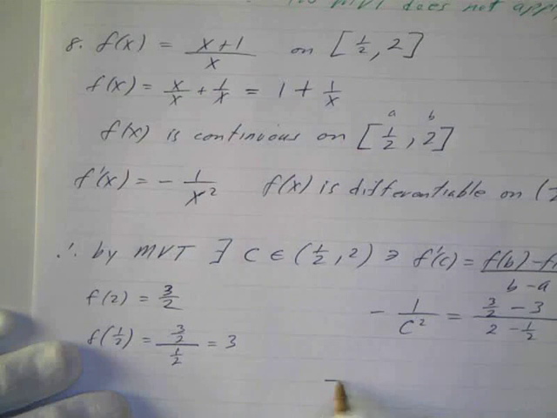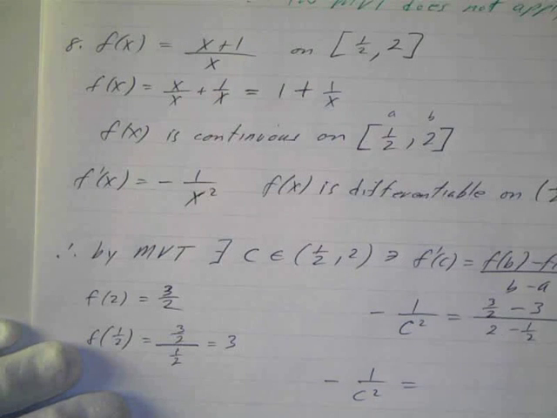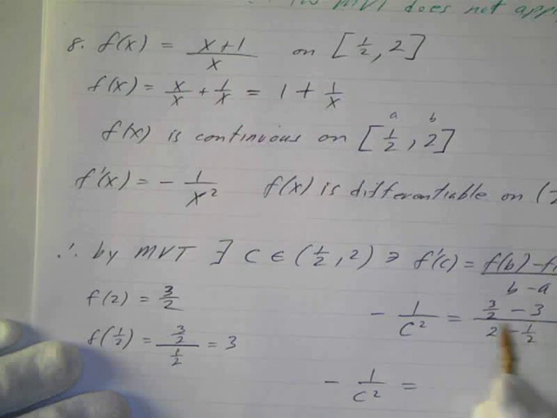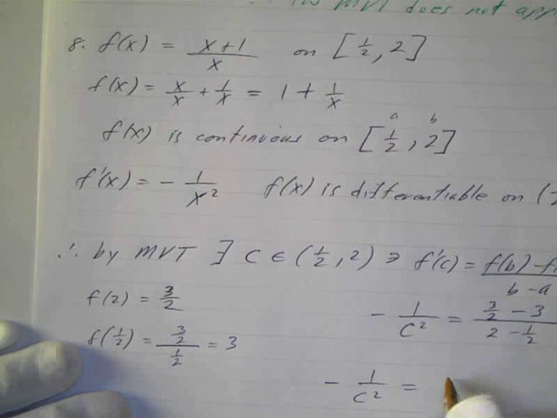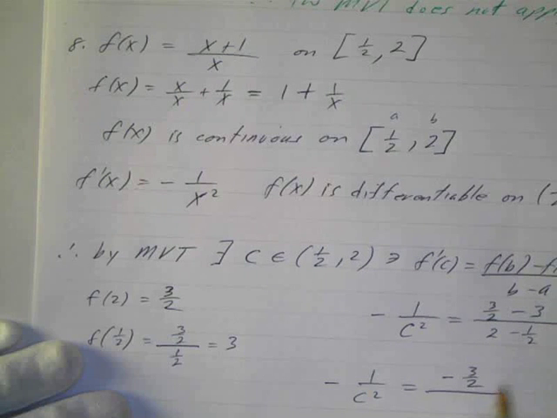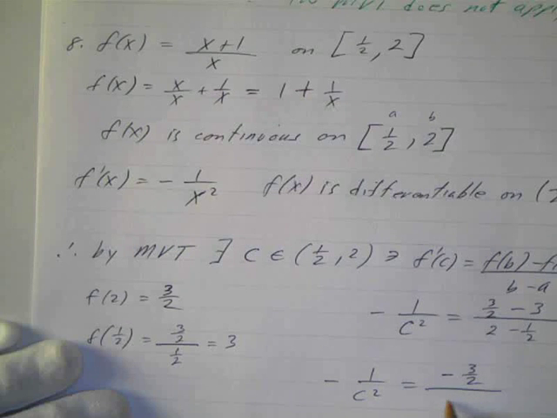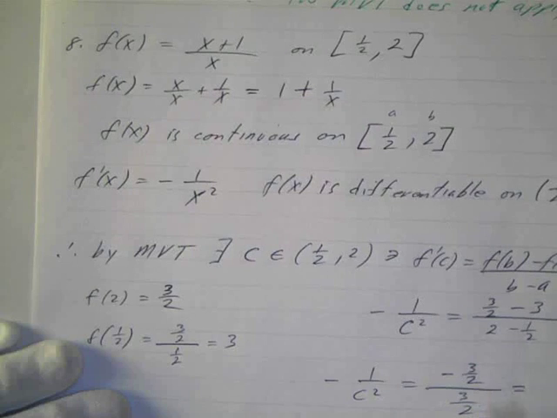So I have -1 over c squared equals, and this is going to be minus 3 halves, right? This is like 6 halves, so that'd be minus 3 halves on the top. And the bottom, I've got 3 halves on the bottom, right? And that's just going to be -1.